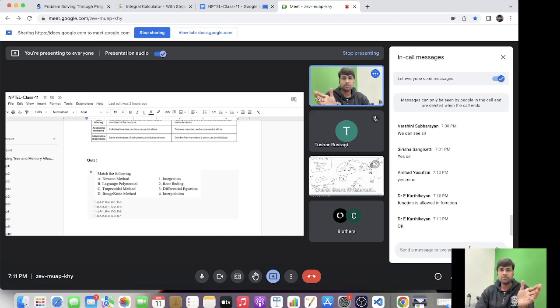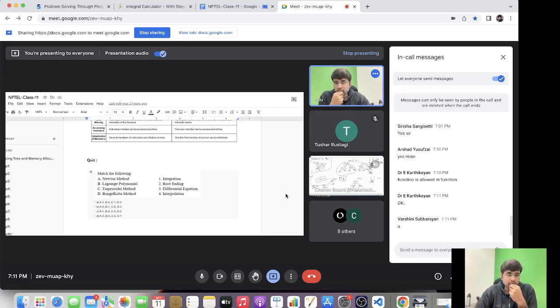So this is simple. What is the correct match? What is the right answer?